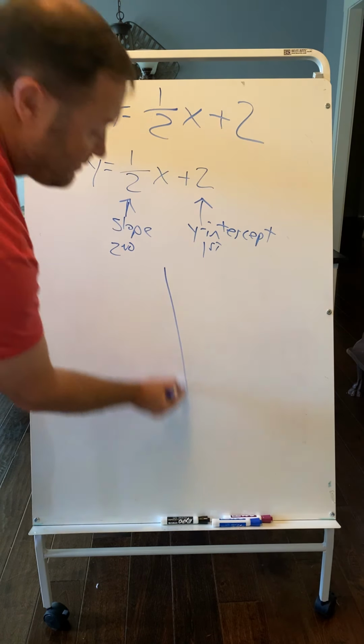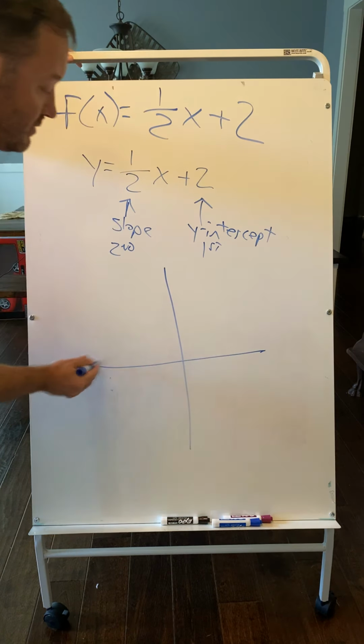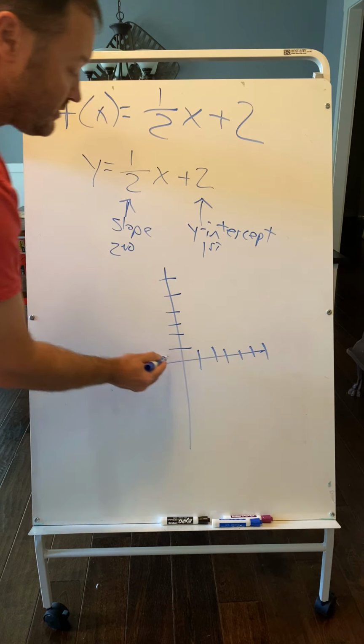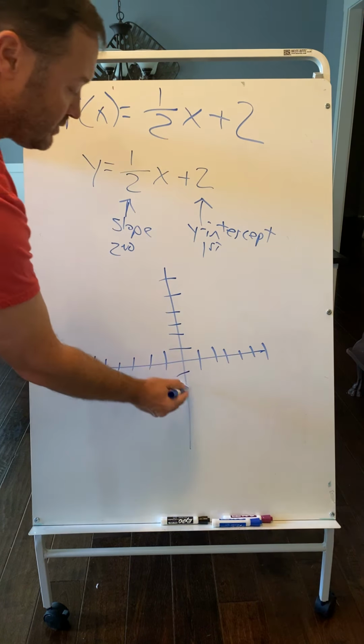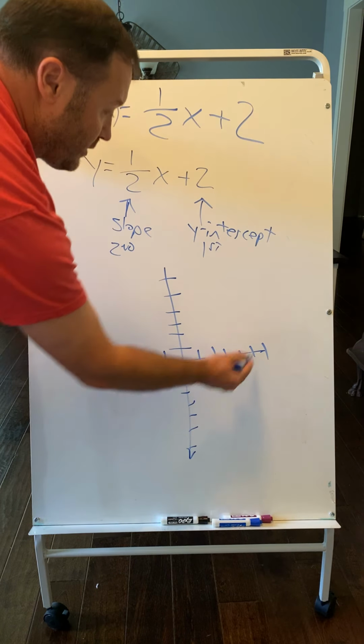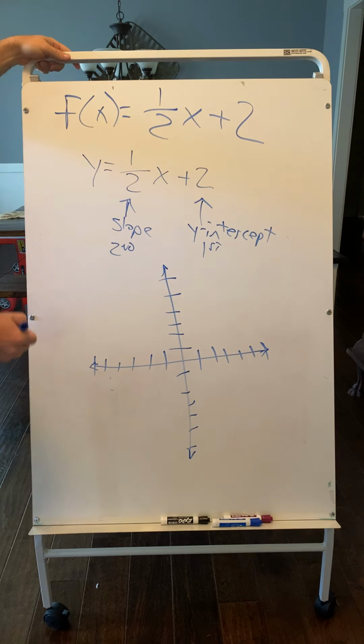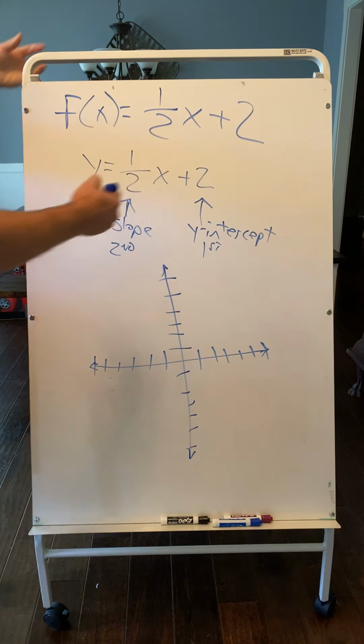So if I have a graph, here's my graph. 1, 2, 3, 4, 5, 6. 1, 2, 3, 4, 5, 6. And remember, put your arrows on the ends because it keeps going. Okay, so I'm going to start with my y-intercept is plus 2.